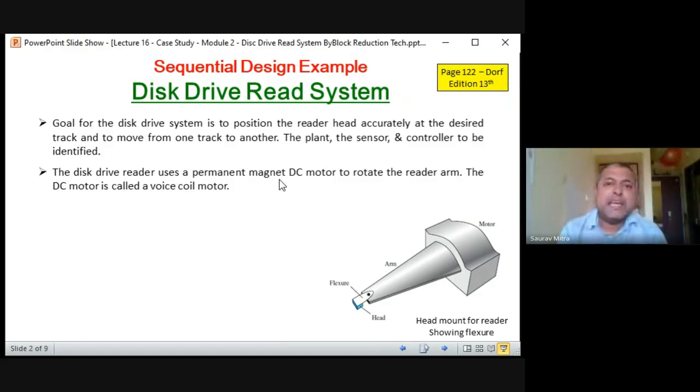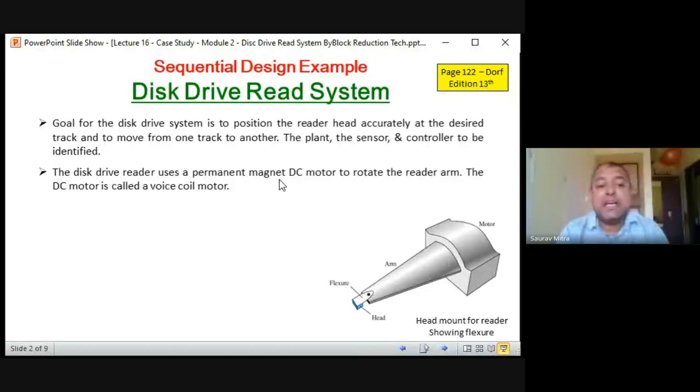So there are two types of magnet: electromagnet and permanent magnet. An electromagnet requires electricity to produce the flux lines, but in a permanent magnet the flux lines are already there. So in a disk drive, we are not using an electromagnet. In a disk drive, we are using a permanent magnet.